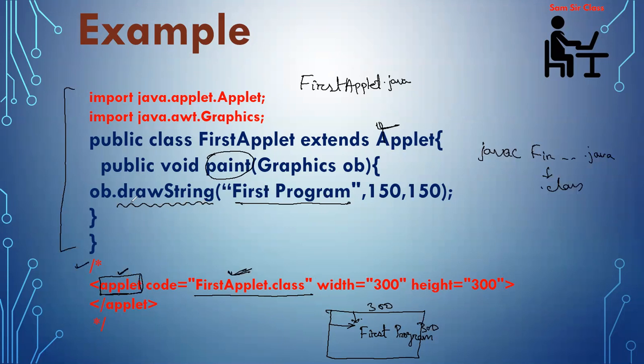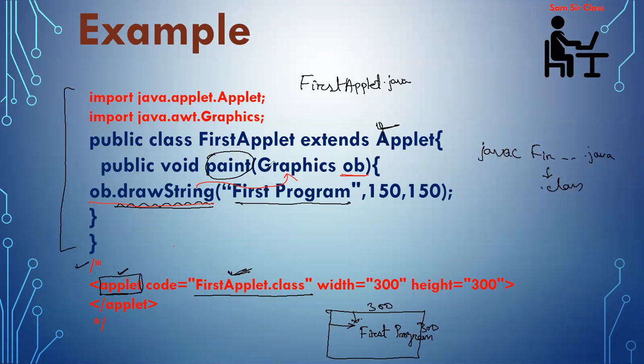As I am using the drawString method to display this message, drawString method belongs to the graphics class. That's why inside the paint method I am creating the object of the graphics class. By using that object I am calling the drawString method.